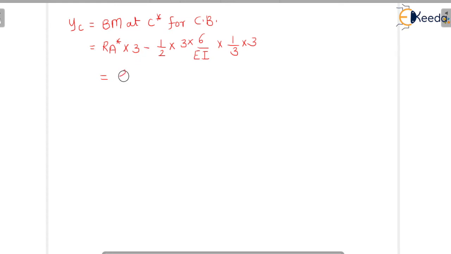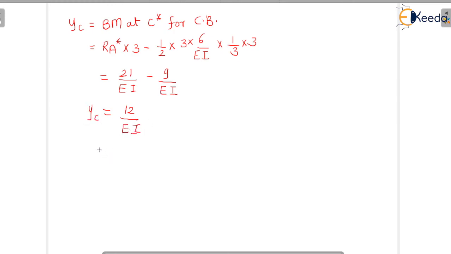So it will become 21 by EI minus 6 3s are 18 divided by 2. So 9. Here we can write it as 9 by EI, so when we subtract it, we will get it as 12 by EI. Okay, so this completes our deflection.